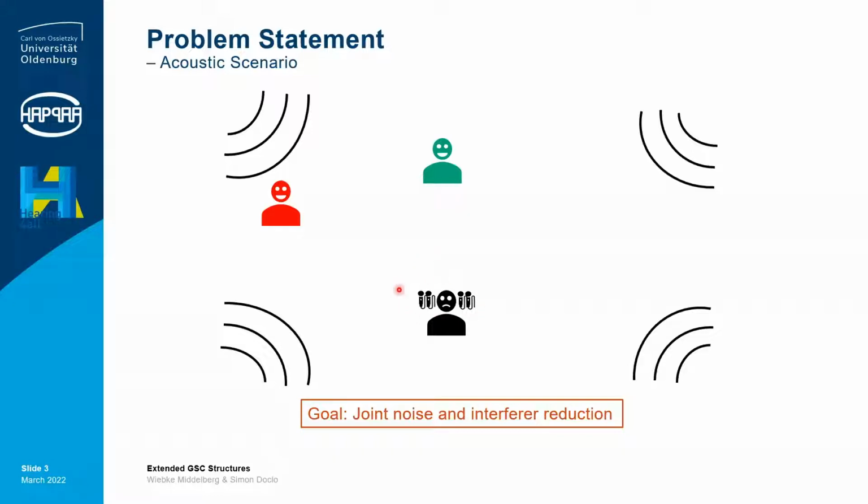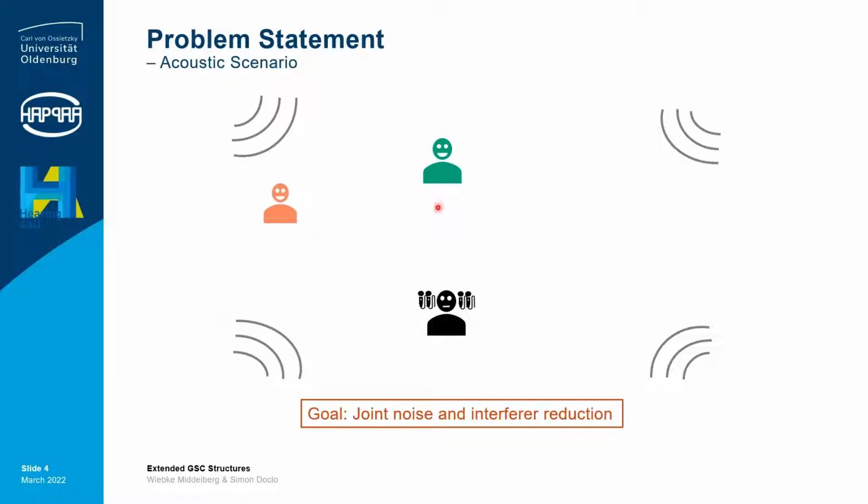If we now use a system like this, where we have the hearing aids and we steer a spatial filter, that is a beamformer, in the direction of the target speaker, we can achieve some noise and interferer reduction. But the performance of such a system is rather limited, as we have only a small number of microphones available, and also the spatial sampling of these microphones is rather limited, as they are all placed around the head of the user.